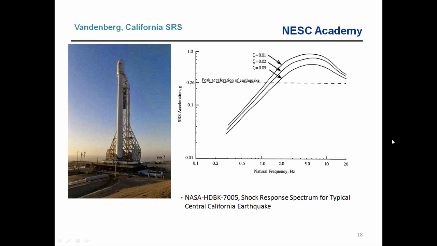Now, it's highly unlikely that in, say, a 2-week period, I'm just throwing out 2 weeks as a rough estimate, that interval where the launch vehicle is mounted on the pad prior to launch, an earthquake event would happen during that duration.